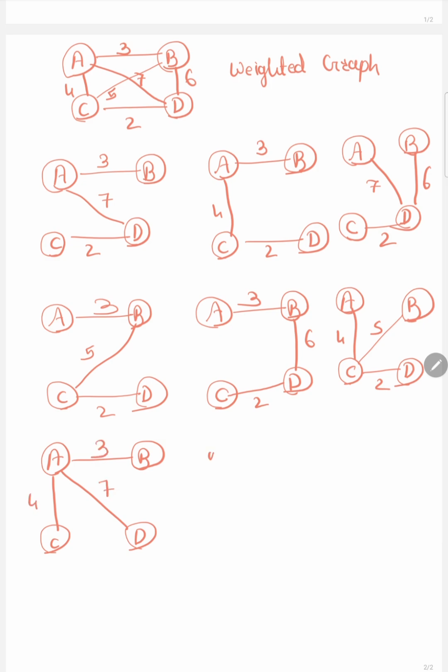It might be possible you will get something else, but these are the possibilities I am considering. Now this I can go for A to D, and then I can go for this. So this is 7, this one is 5, and this one is 3, and reverse of this one.